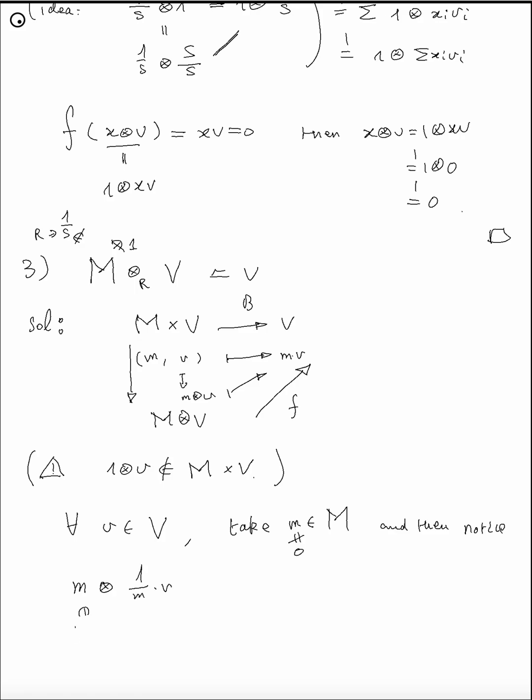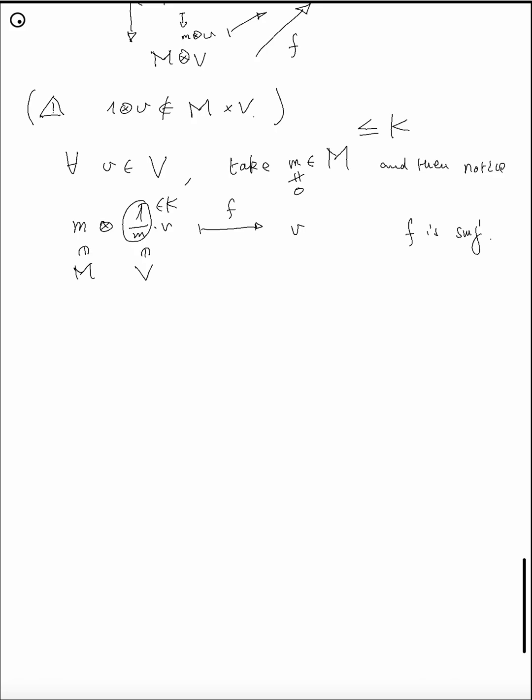So this m is in M, obviously this is in W because W is a K vector space. This 1 over m is in K because M is in K, some module. And so this is in our M tensor W, and so this is mapped to w. So F is surjective. It's left to show F is injective.